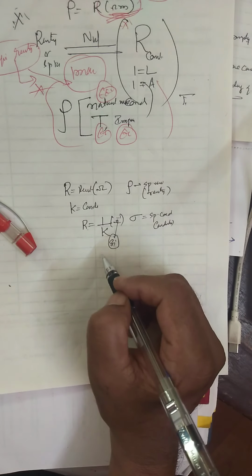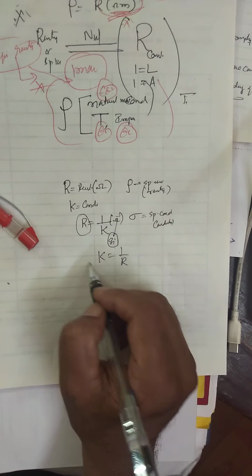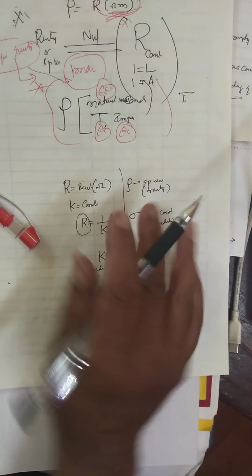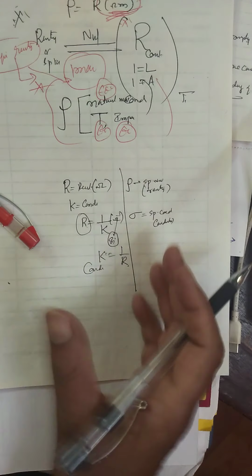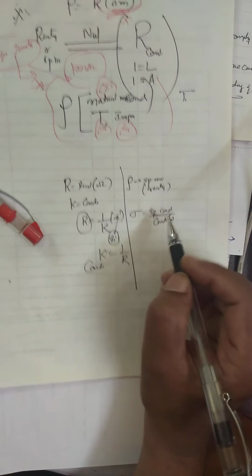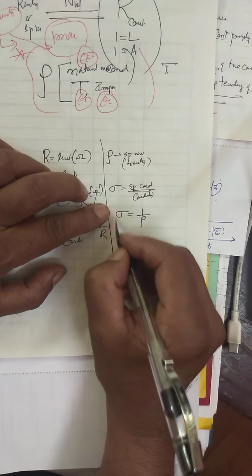This is called conductivity. Conductance is the reciprocal of resistance. Then when you come to electrochemistry, you will get all these things. In the chemistry topic, you will get conductance and conductivity. Therefore, rho and sigma, this is called sigma.